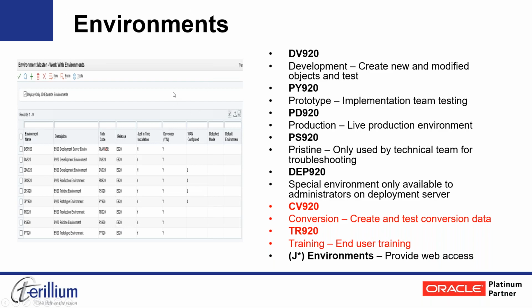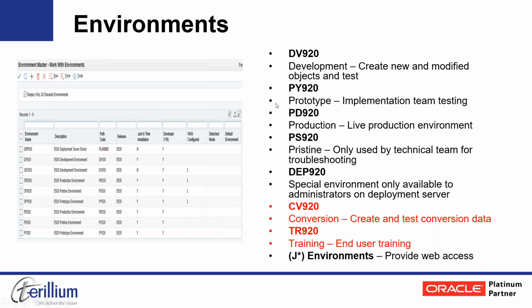But basically, when you think of an environment, you have your object set, which is that path code, and you're matching that with your actual business data. So having a bunch of programs with no data doesn't do you any good, and having a bunch of data doesn't do you any good without anything to manipulate it with. So by signing into an environment, you're deciding which object set you're looking at and which data you can start to affect.